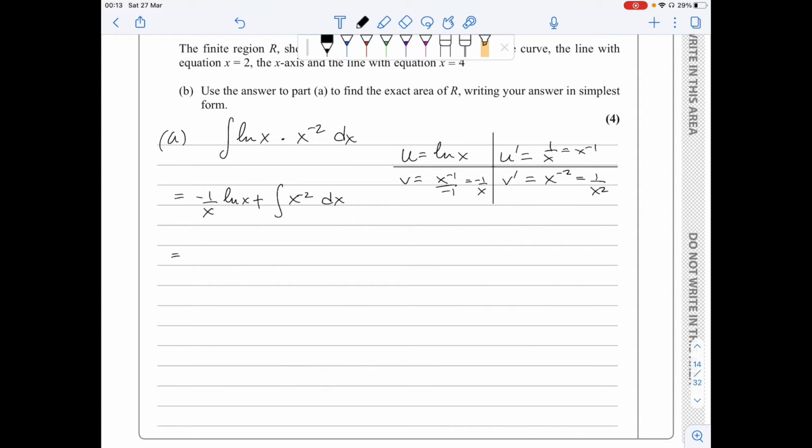So this one will give me minus 1 over x ln x plus x to the minus 1 over minus 1 plus c. I can simplify this one to minus 1 over x ln x minus 1 over x plus c.